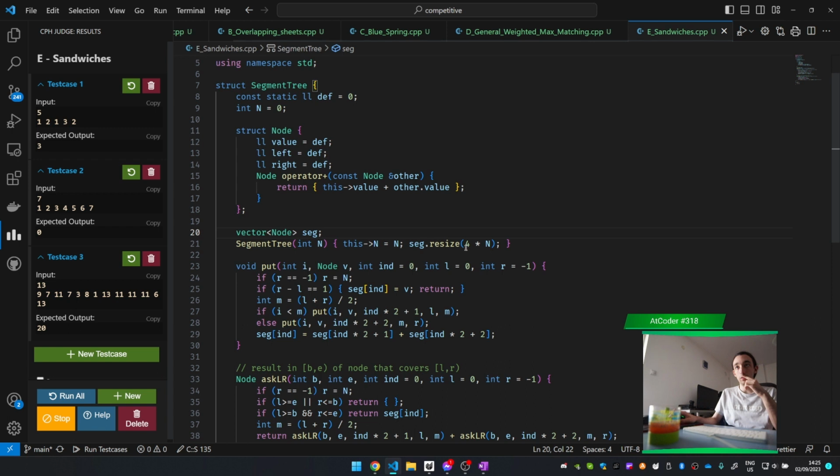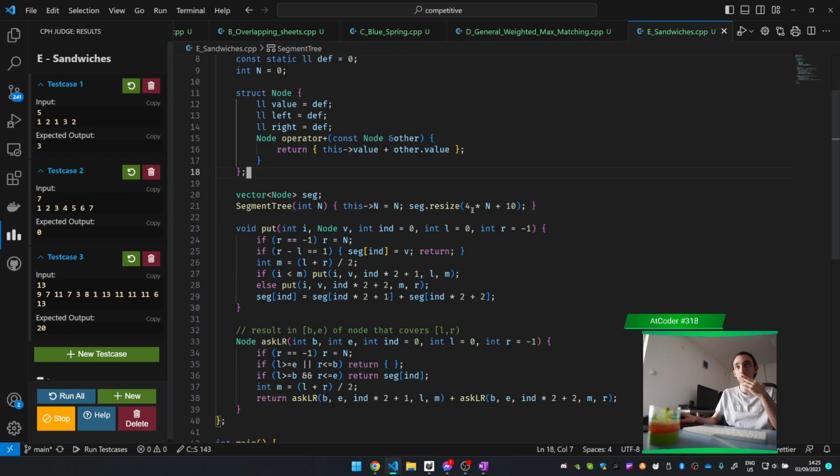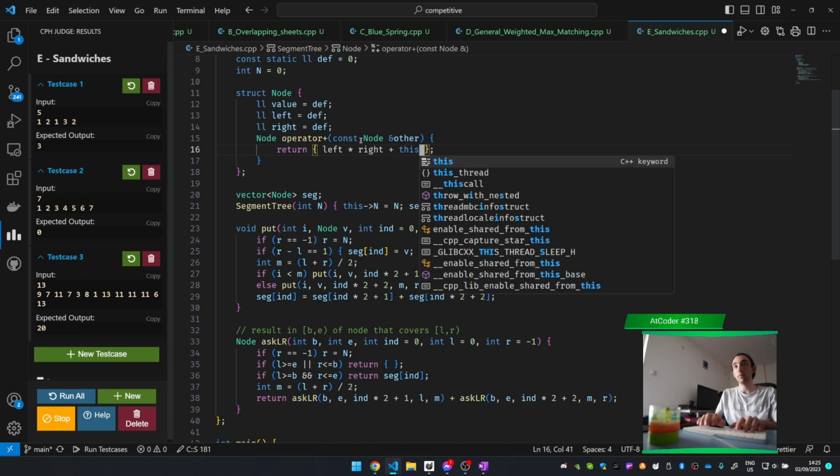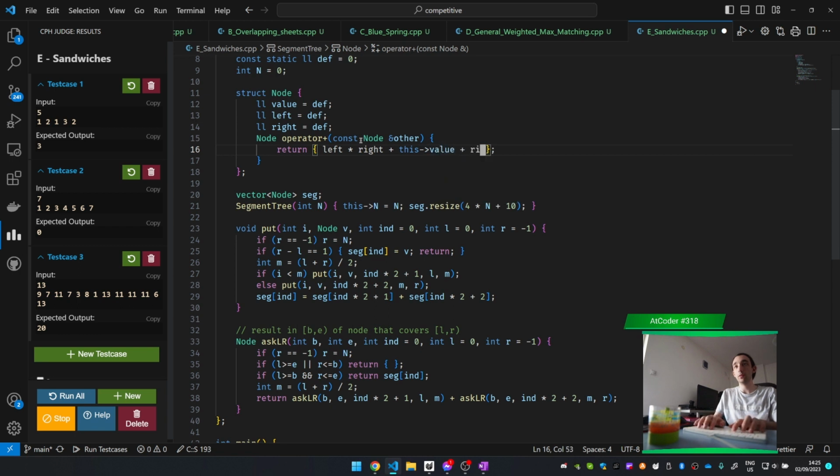And on the merge of the node, the value is left times right, plus this dot value plus other dot value, and this is 0 and 0.